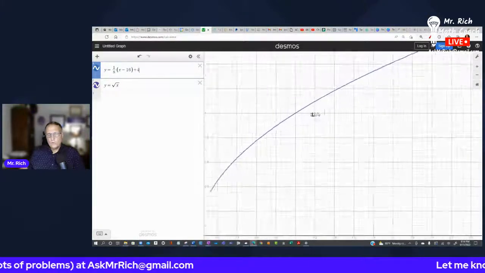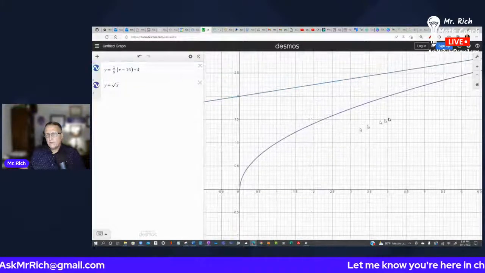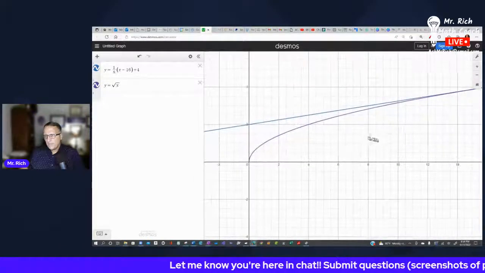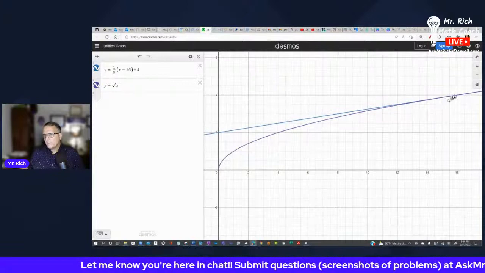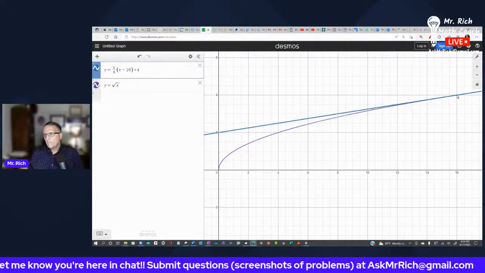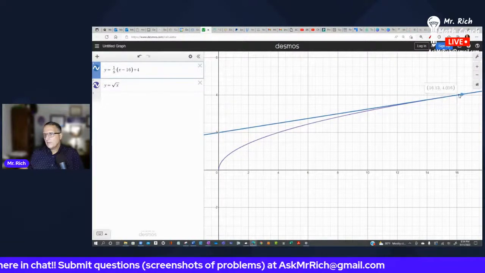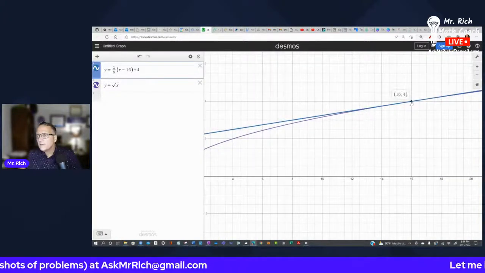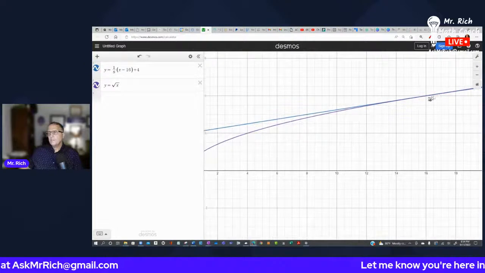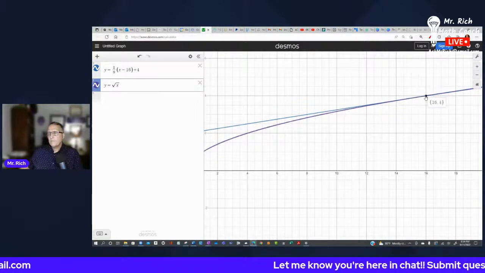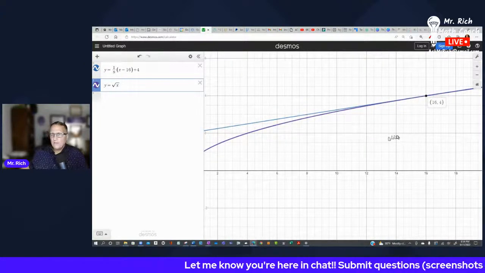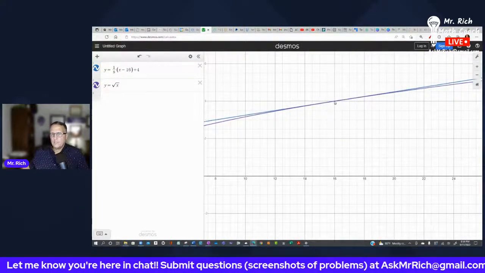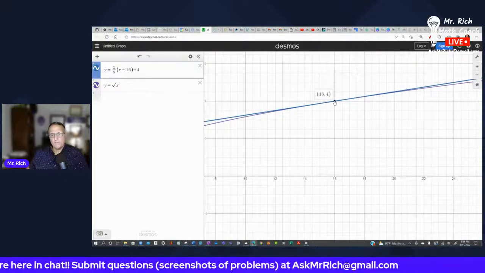All right, we're going to zoom way out on this. There is, hopefully, our tangent line. So we're zooming way out, coming way over here to 16. And did it find it? Are we on it? Yeah. So that's the point of tangency, 16, 4. And sure enough, you can see that that is the tangent line equation.